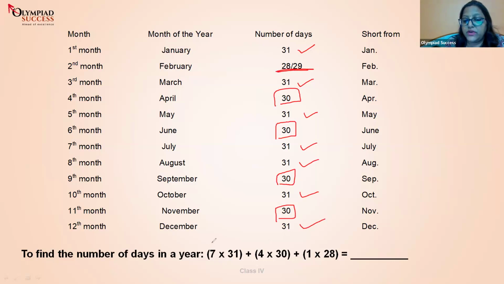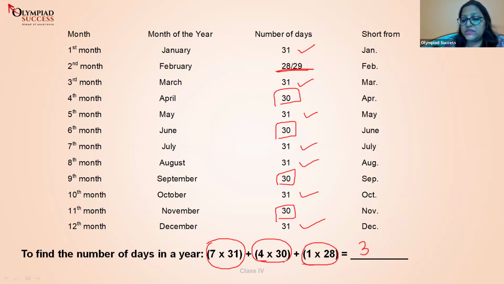So that's why what they are doing over here is 7 times 31. That means there are 7 months with 31 days, plus 4 times 30. So again, there are 4 months with 30 days and there is only 1 month with 28 days. This is for the ordinary years.